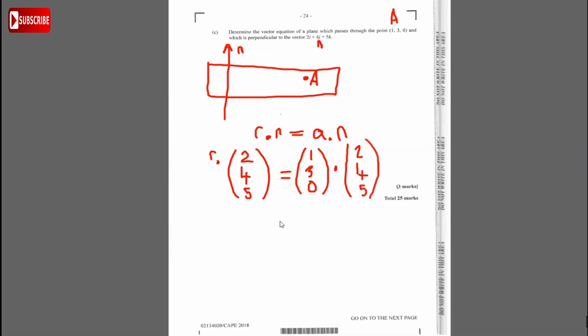So we work out this dot product now. 1 times 2 is 2, plus 3 times 4 is 12, and 12 plus 2 is 14. That's 14. R dot N is really 2x plus 4y plus 5z equal to 14.